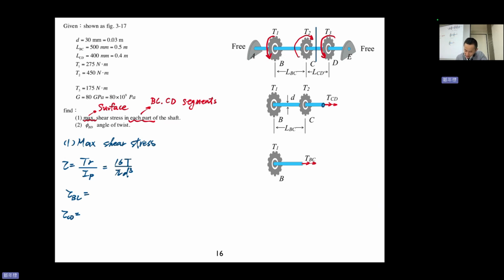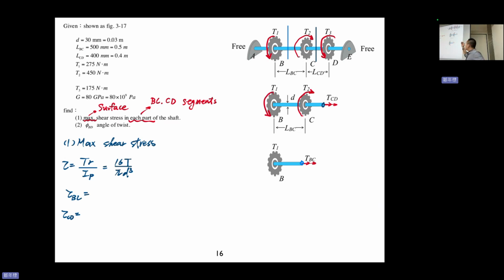and leave the left-hand side, right? And I should move this to here, to make it align. Maybe you can see that even more clearly. And then for the TCD part, because you leave the left-hand side, your T2 is still there, the T1 is still there.